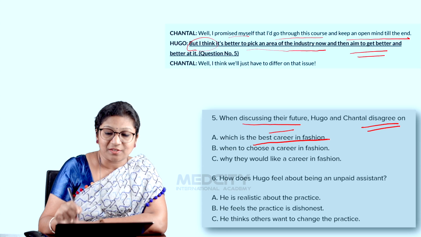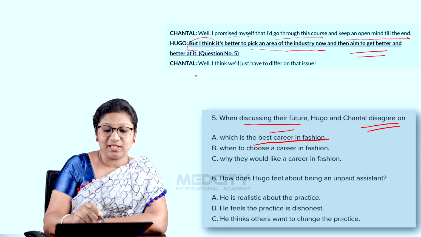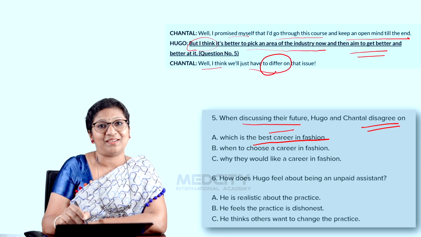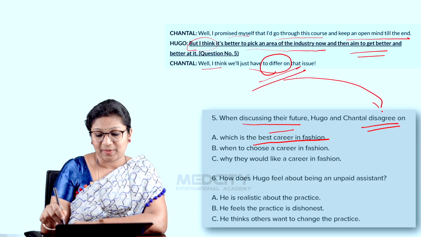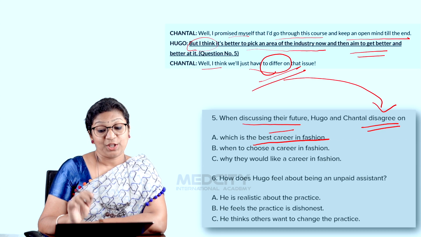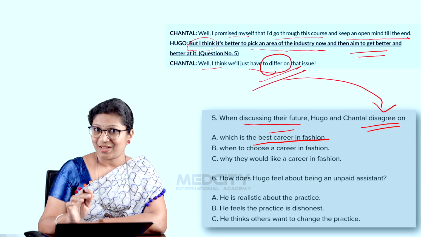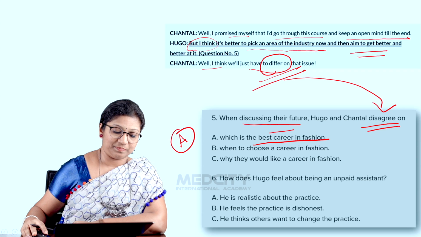Best career option in the fashion. Pick an area that is best now. And then Chantal says, well, I think we'll just have to differ. Differ. That's our key word. Disagree. Which means Hugo said A, but Chantal doesn't feel so. So that's the point that they disagree on. So the answer option is A.